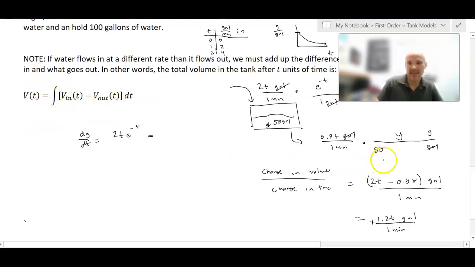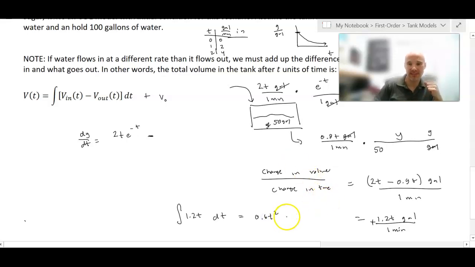Now that's added to the 50, of course, because this is just going to give us the total change in volume. So I think we should probably say plus V0, V initial, which is in this case our 50. Okay, so let me actually take this 1.2t, and we're going to add up the gallons per minute for all of the minutes combined. This comes out to 0.6t squared, right?